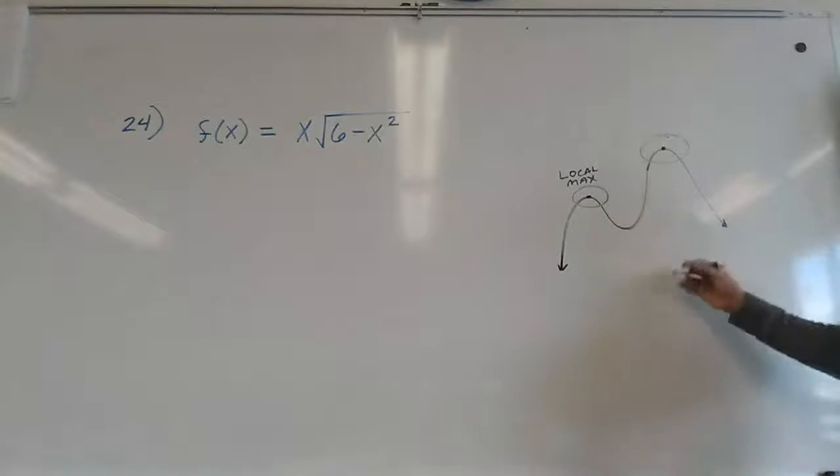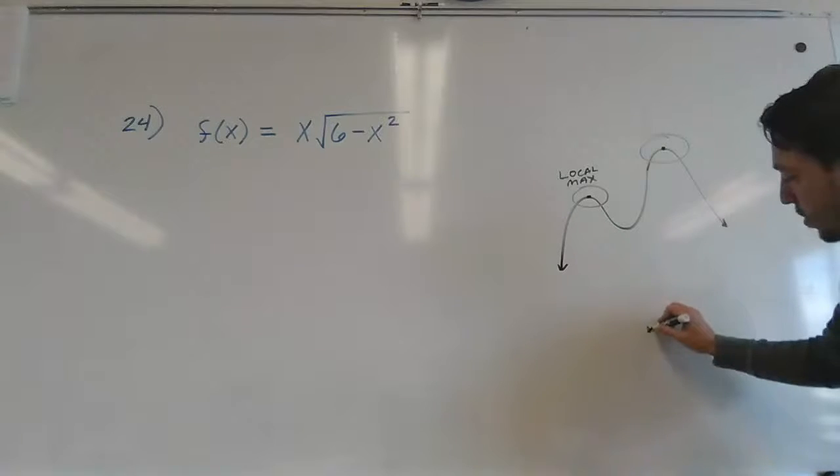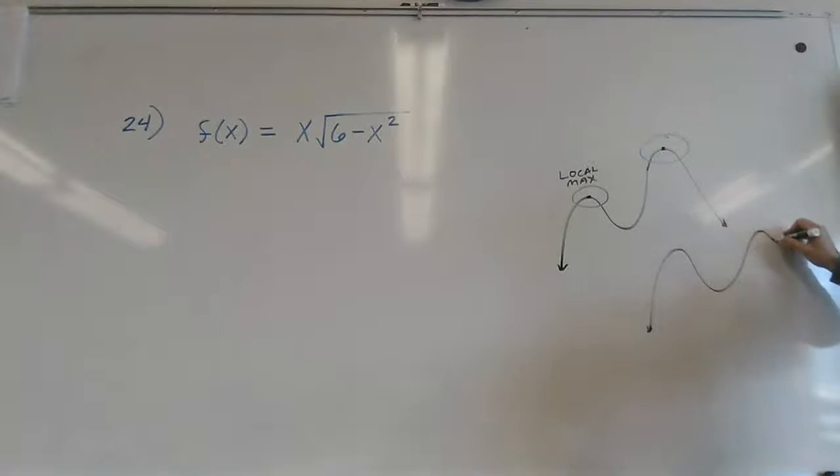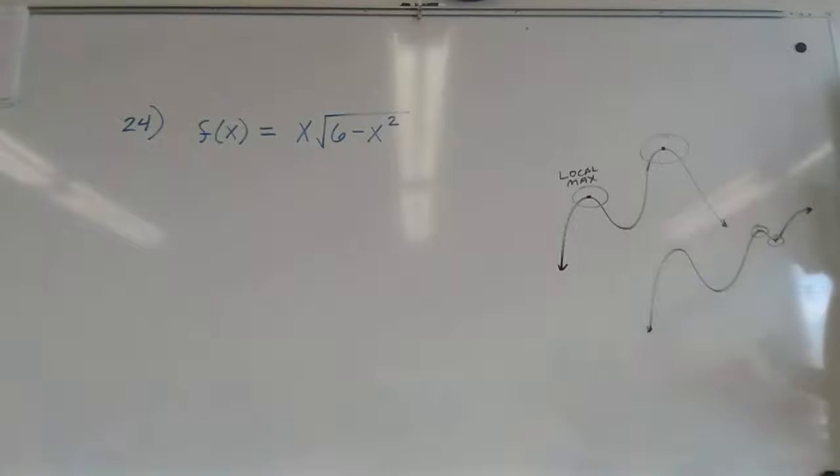This could happen very rapidly too. It could be like a function that goes big and then like this, even though his neighborhood's really small, he's still a local max, and this little guy, he's still a local min. So you can get really that small.